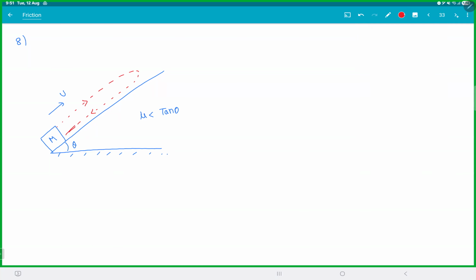Find the ratio of time of ascent by time of descent. Straightforward kinematics question. So you're kicking the block up the incline, it goes up and then it comes down again. So find the ratio of time of ascent by time of descent.